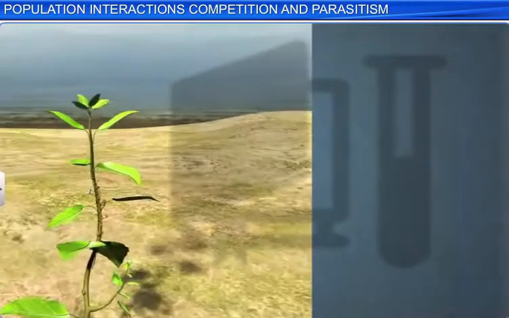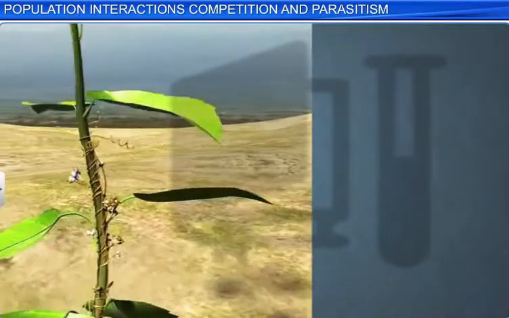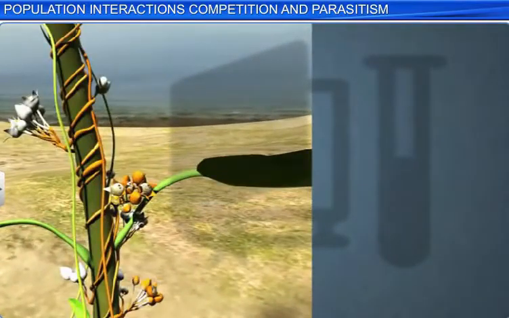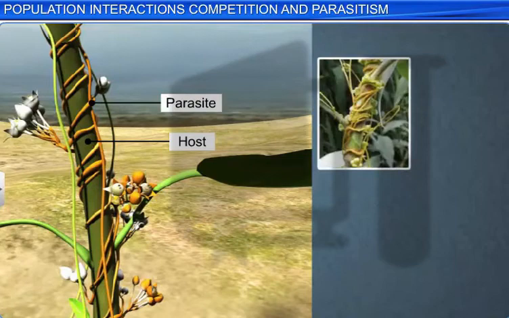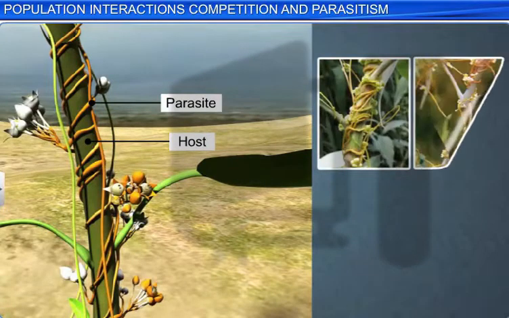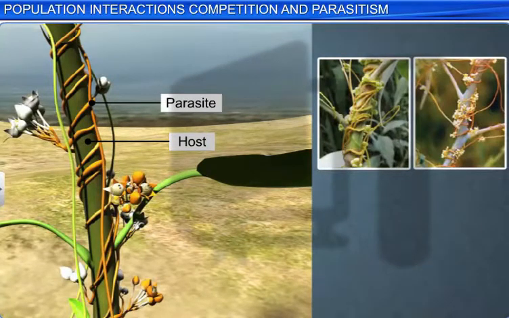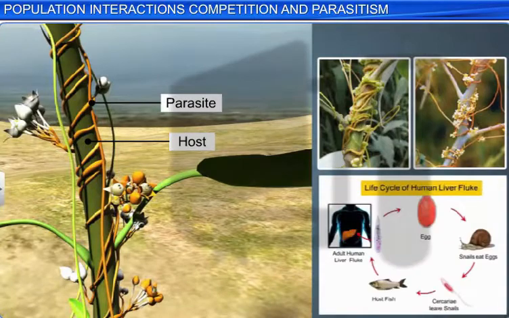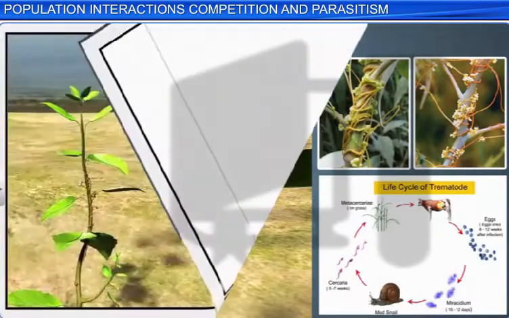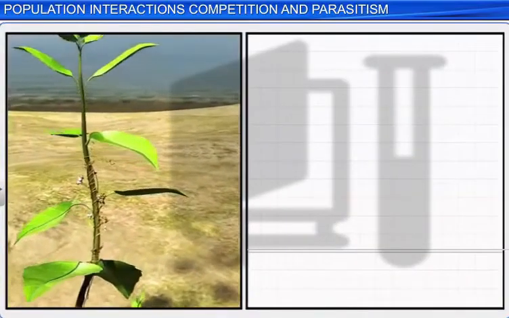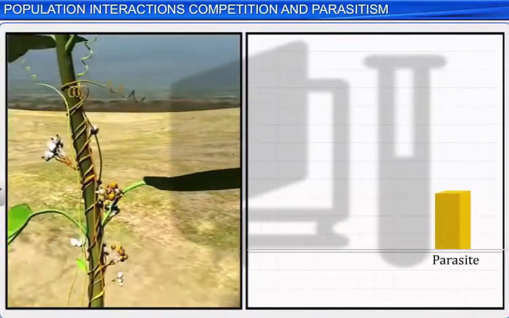In a parasitic mode of life, the parasite gets food from the host. Thus, parasitism is advantageous and has developed in many taxonomic groups from plants to higher vertebrates. In fact, many parasites have evolved to be host-specific.